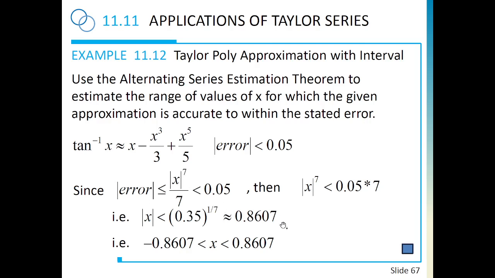So with a little bit of algebra, we find the interval. So for all x's in this interval here, the error will be smaller than 0.05 when we use this polynomial of degree 5 as an approximation for tan inverse. Okay, again, since this is a Maclaurin polynomial, it's centered at 0, right?